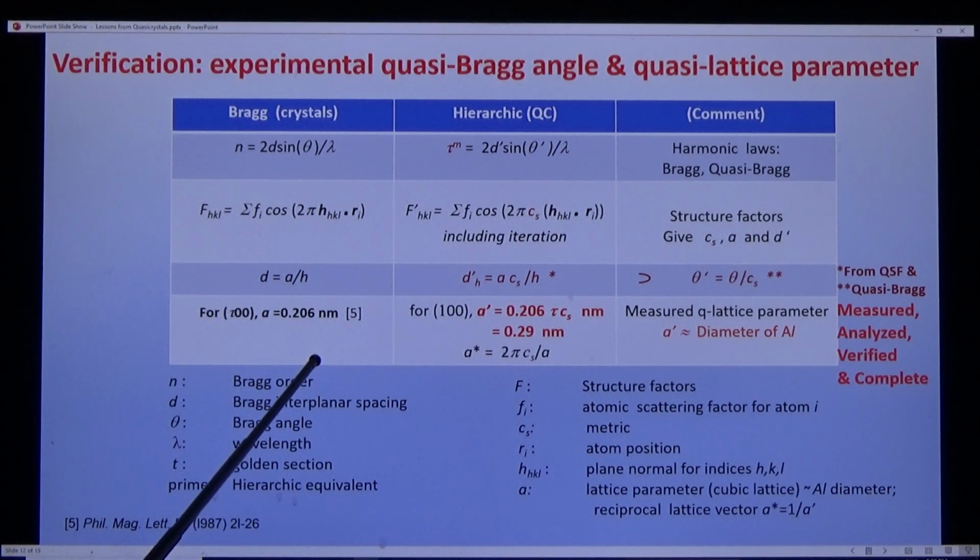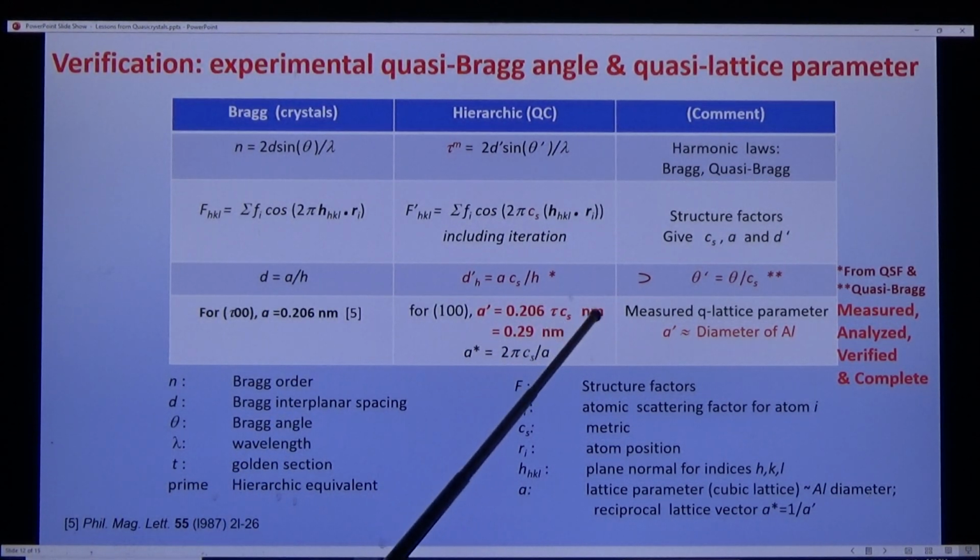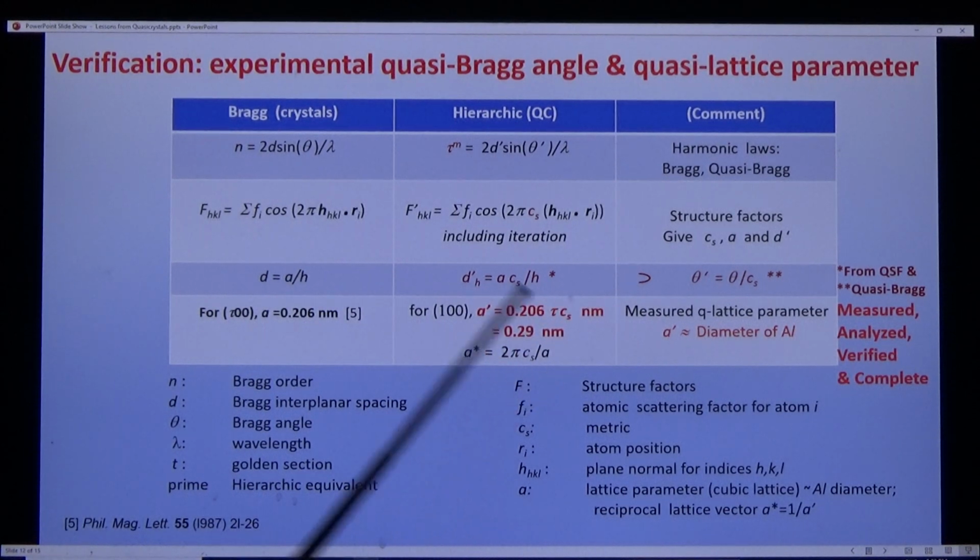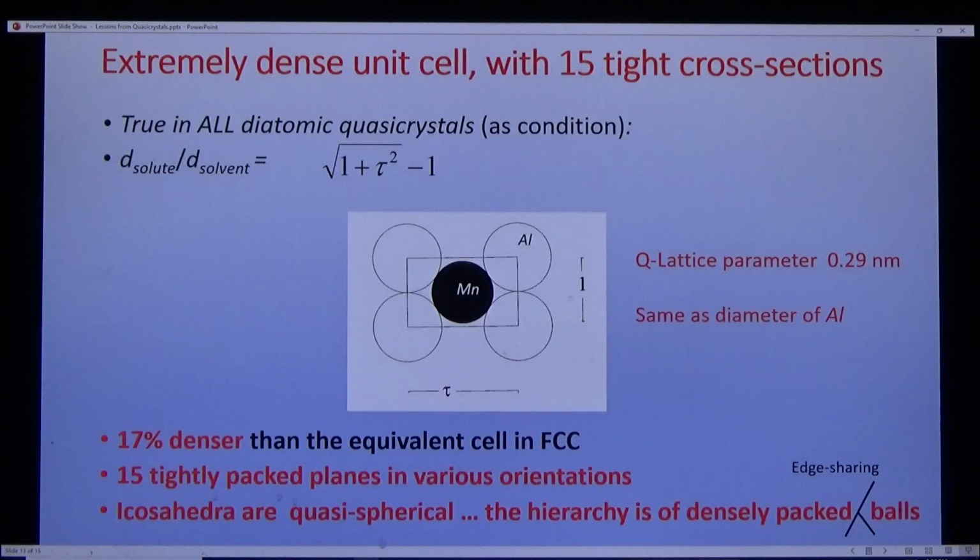I knew Bragg's law was wrong, but it took me some time to correct it. Now we know the quasi-lattice parameter is 2.9 angstroms. Here it is. And it is exactly equal to the diameter of aluminum, verifying both the structure, the diffraction, and the metric.